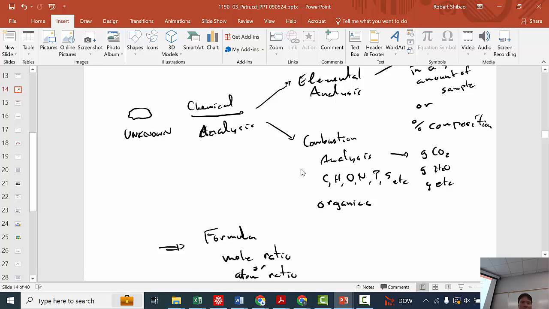Mole is just the counting unit here. And we have two types of formulas. We usually end up with the empirical formula here, or formula unit.